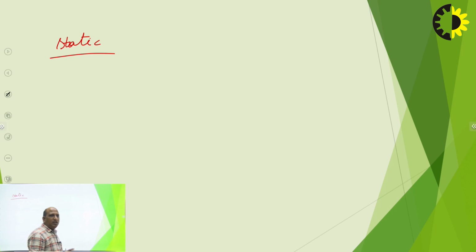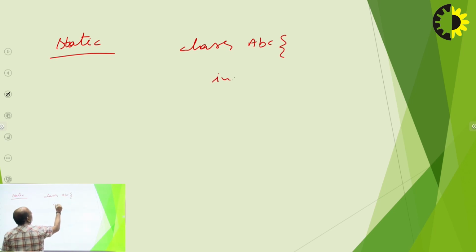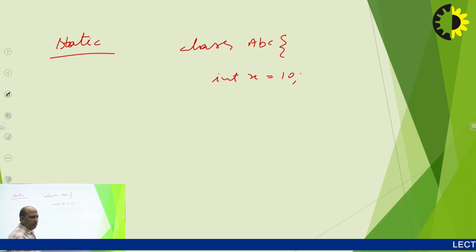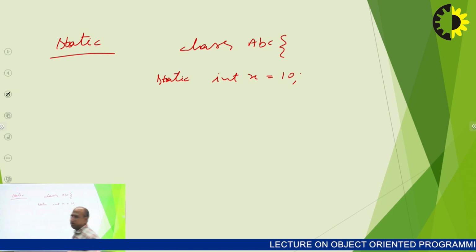Let's say I have created a class ABC, and within this class I have a variable int x equals to 10. If you want to make it static, you have to write the static keyword before the declaration of that variable.